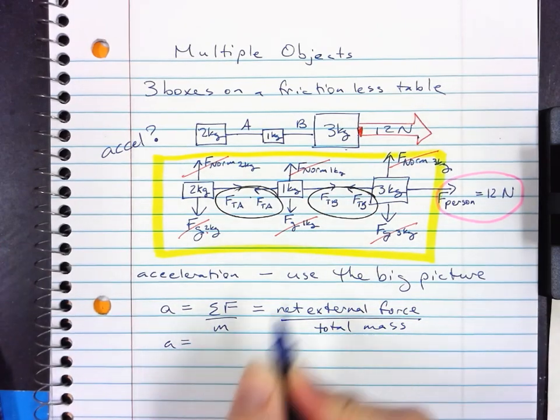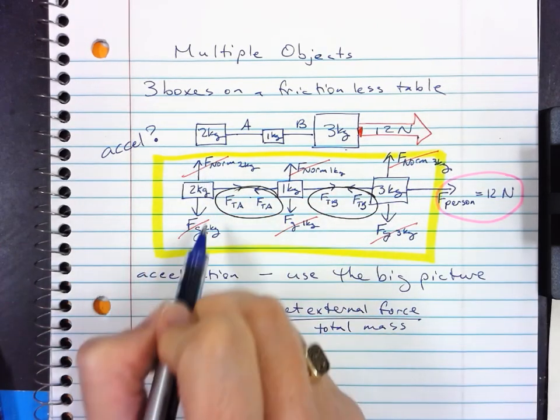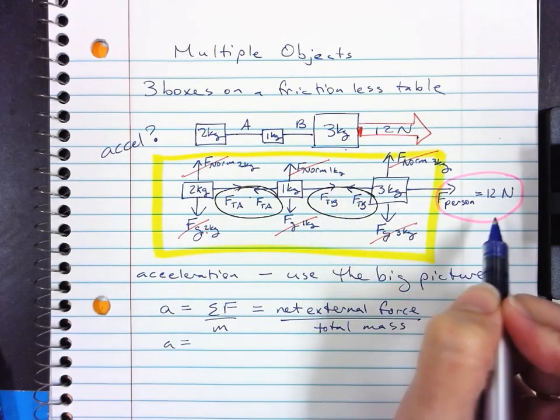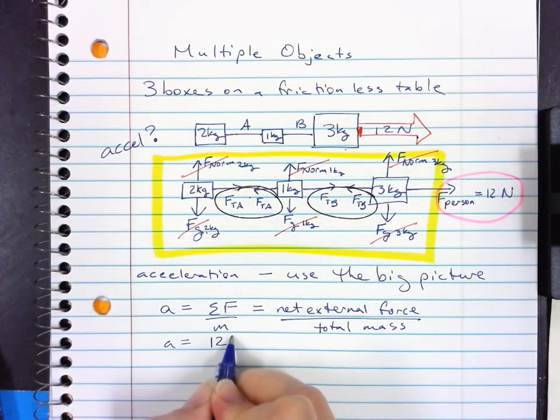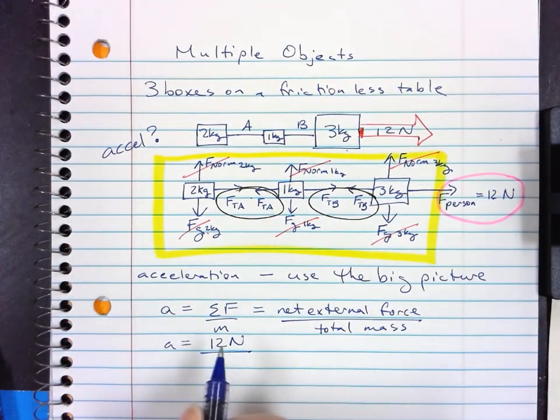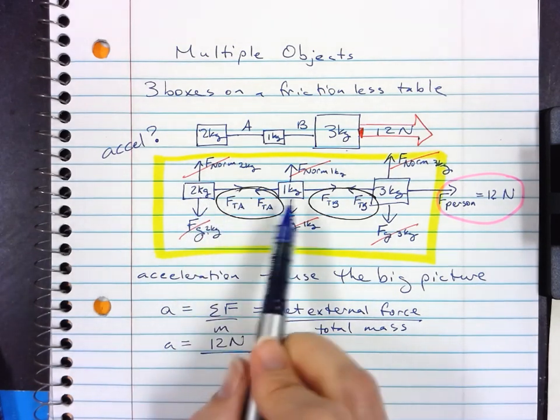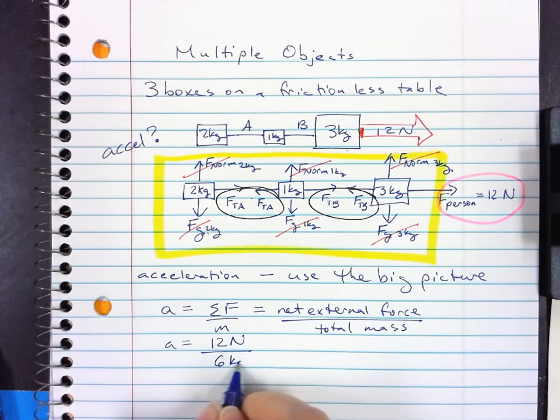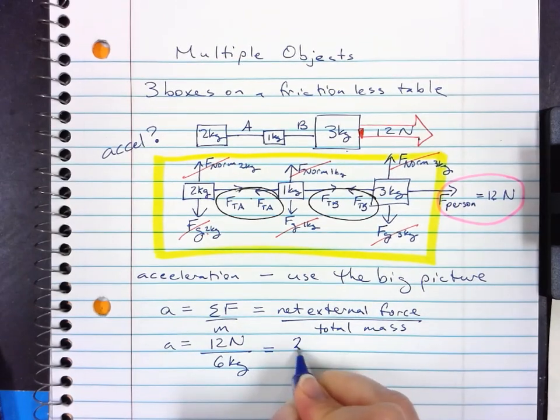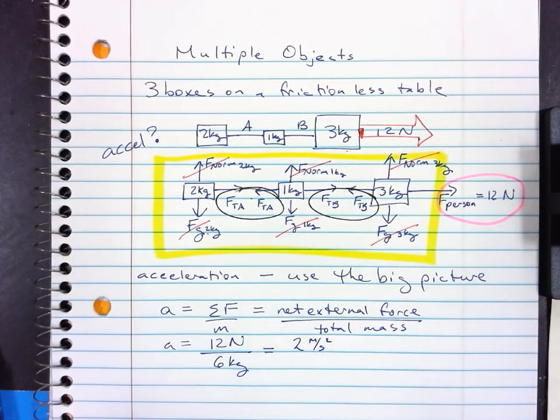So for this problem, everything either cancels or is an inside, and we're left with 12 newtons. And to get the total mass, mass is a scalar. You just add it up. 2 plus 1 plus 3 is 6 kilograms. This whole thing accelerates to the right at 2 meters per second squared.